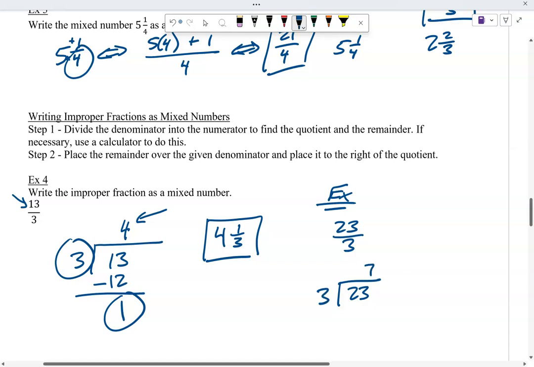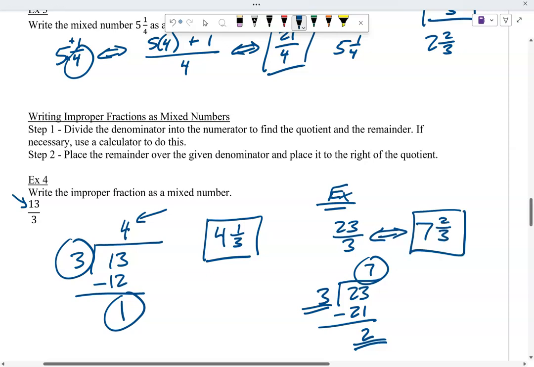So let's go 7. 7 times 3, there we go, is 21. I got to go less than 23. And then I subtract it. 23 minus 21 is 2. So our answer is quotient plus remainder over divisor. So 2/3. 7 and 2/3 is the same as 23 over 3.